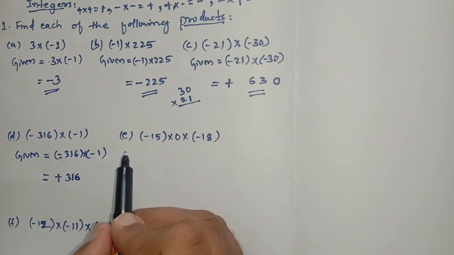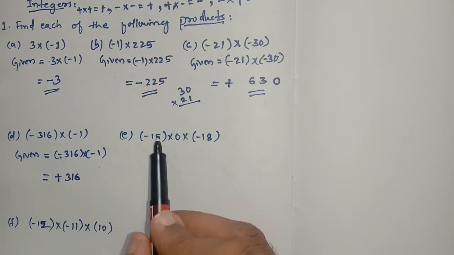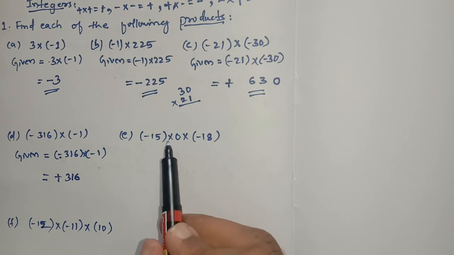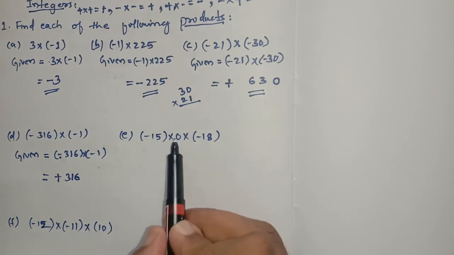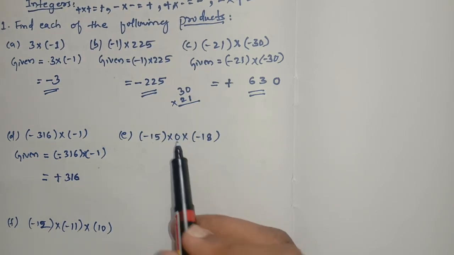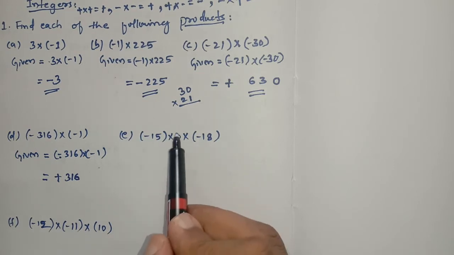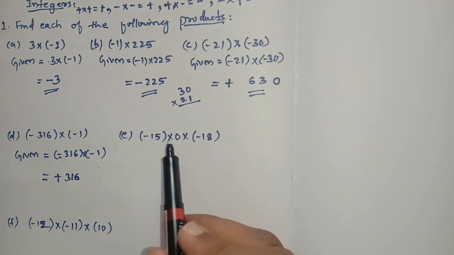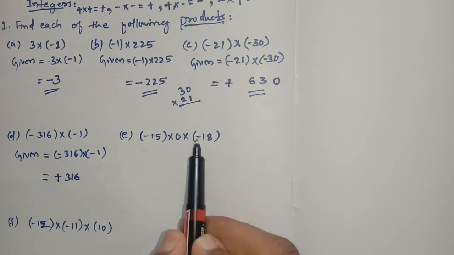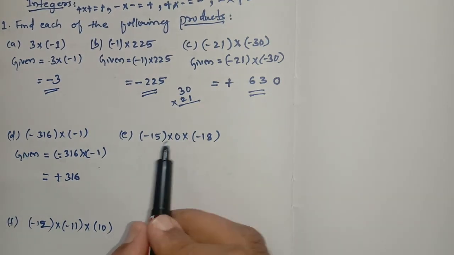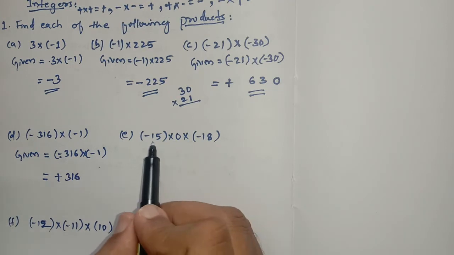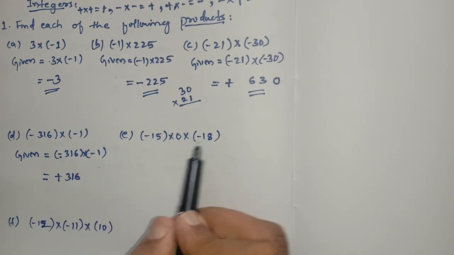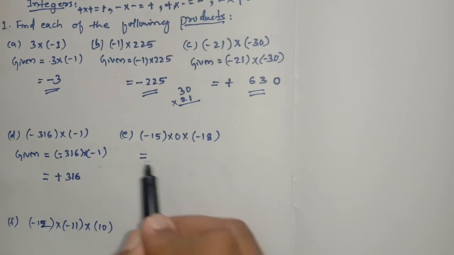Then question number E, we have to multiply the number with 0. First multiply the sign. Before 0 we have a plus sign. Okay, 0 has no value. If we do not multiply the sign also, it is okay. Minus into minus is plus, then 15 into 0 is 0. 0 into 18 is also 0.